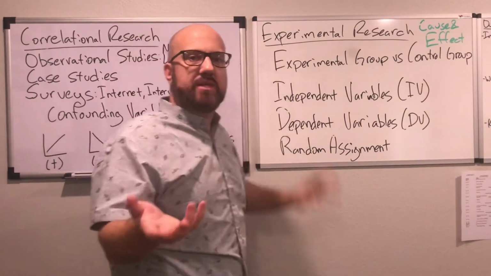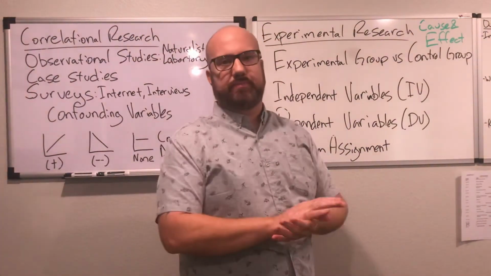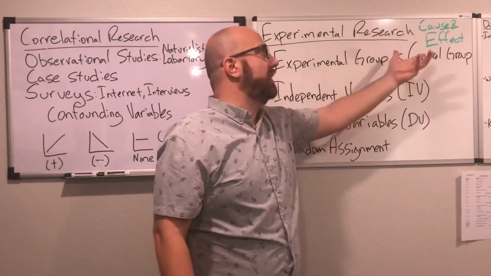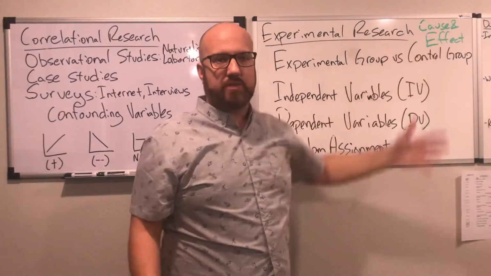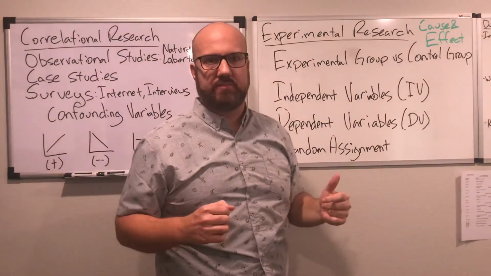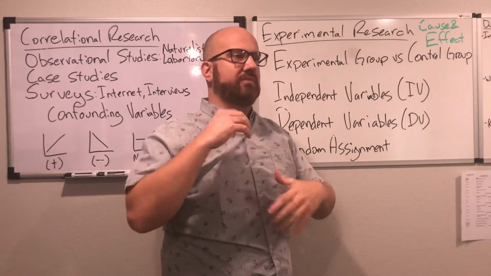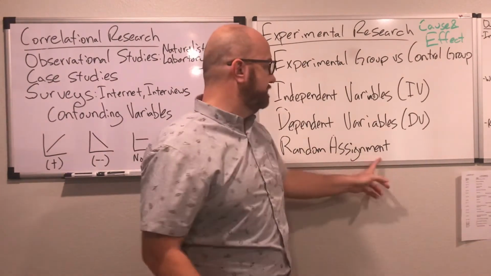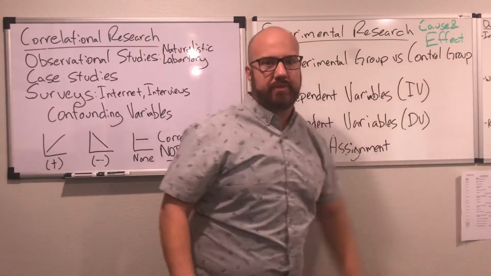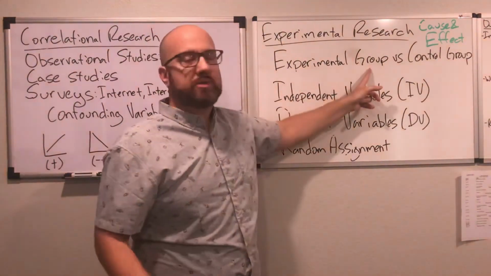But let's talk about an experimental research. So let's say we're testing a new antidepressant, and we want to create an experimental research to find a cause and effect. Okay, so we pull together, let's say, 100 participants, right? And then we divide them, randomly assign them into an experimental group and a control group, okay? Now the experimental group is going to get the medicine.